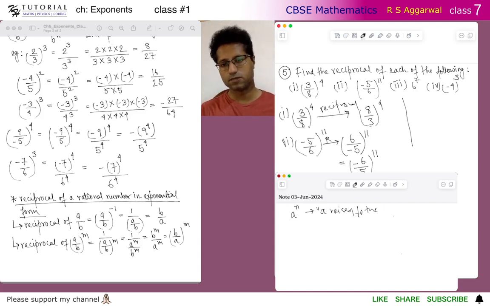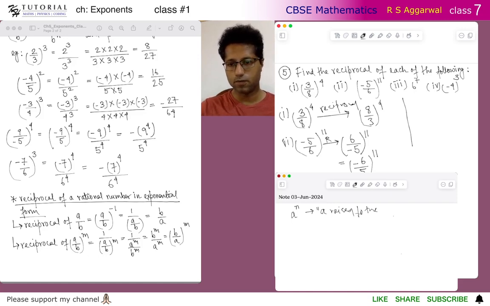So, the reciprocal of minus 4 raised to the power 3 is the reciprocal of minus 4 raised to the same power, that is 3. Now, if we take the reciprocal of minus 4 by 1, we just reverse the denominator and the numerator.